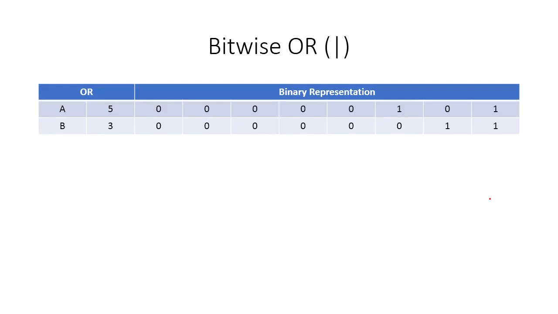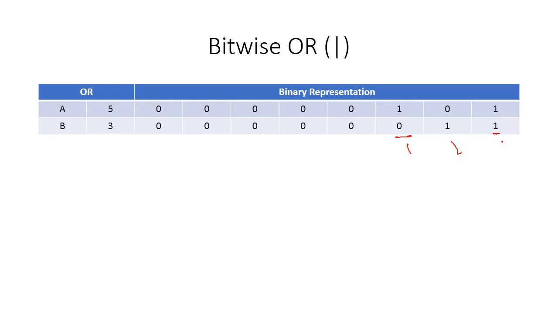Fine, I have written two values, 5 and 3. Why don't you guys quickly pause this video, write it down, and then let us see the result. Done? Okay, so what is the result here? It is 1 here, it is 1 here. What is 1 OR 1? Remember, both the bits are 1, so the resultant bit will be 1 or 0? When you perform binary addition, 1 plus 1 is 0 with a carry of 1.